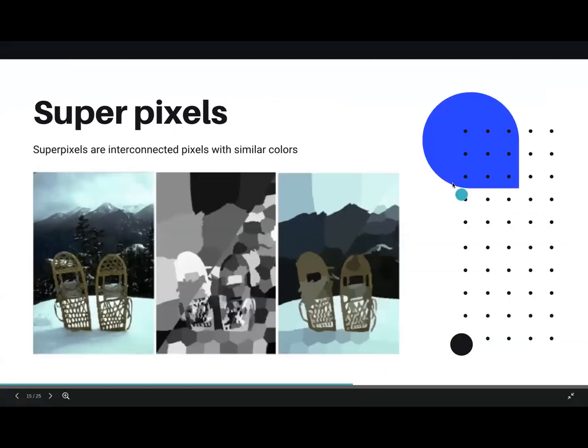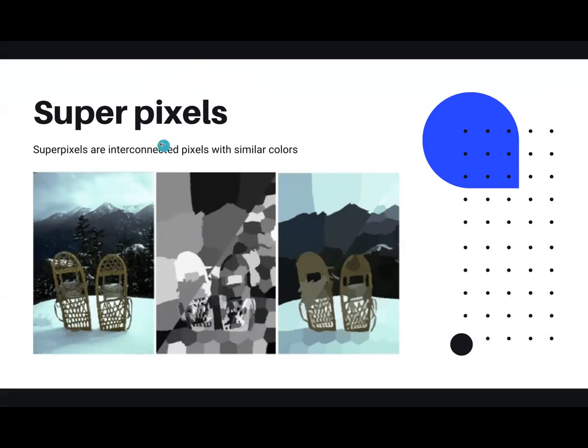Now, before we go into how we can apply the LIME algorithm for images, we should first speak about the idea of superpixels. The idea of superpixels is very much related to the idea of, what is it called? Selective search, right?